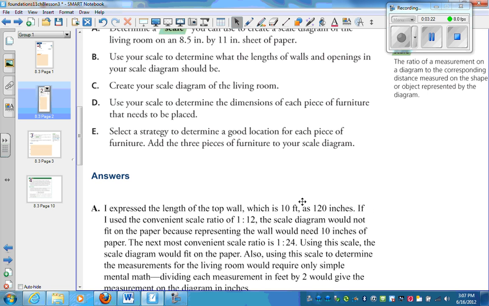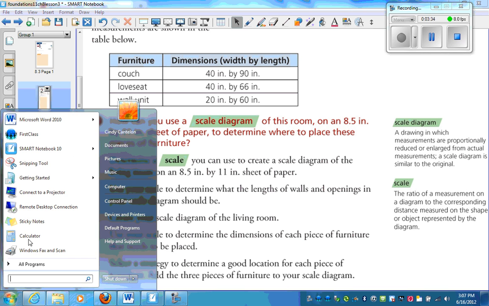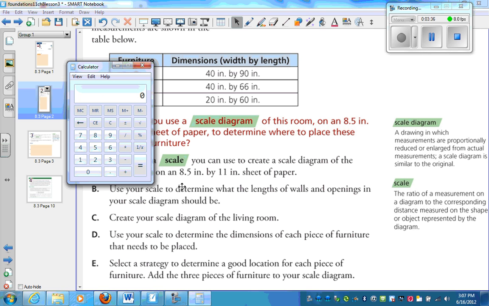Use your scale to determine the dimensions of each piece of furniture. So this is 40 by 90, so that would be now 40 inches. We'd have to convert that to feet. So we would take out our calculator. We go 40 divided by 12 to give us feet. Okay, so that's 3.3, then we would divide by 2, so that would be 1.6 inches, and then we would go the 90, we divide that by 12 to find feet, and then divide it by 2 to find inches, 3.75.